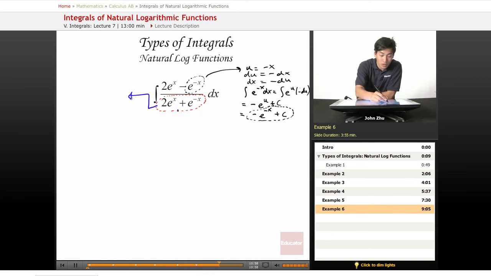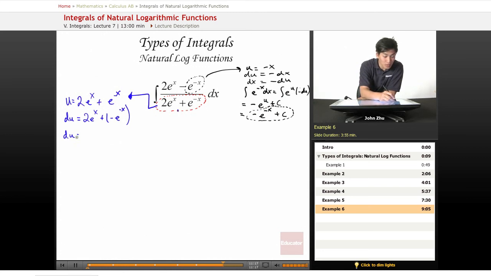So u in our case is 2 e to the x plus e to the negative x. Well, du equals 2 e to the x plus negative e to the negative x, which we see is right here.